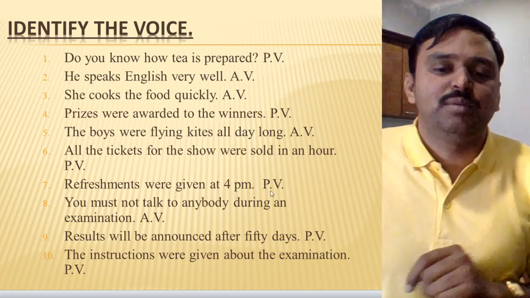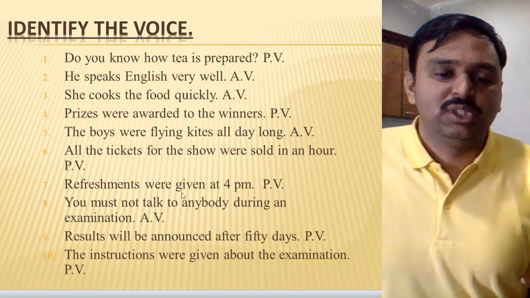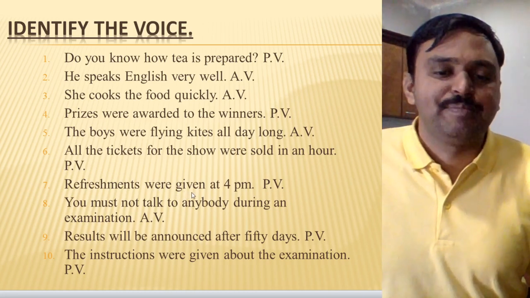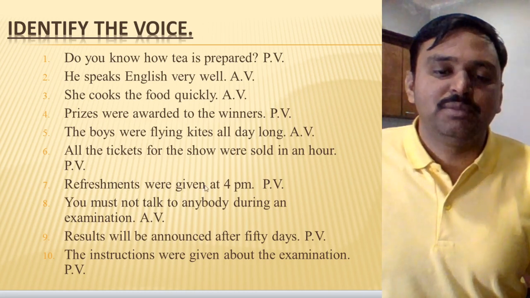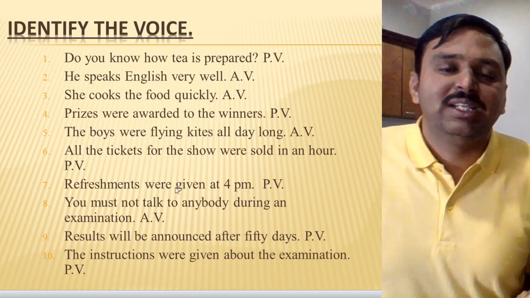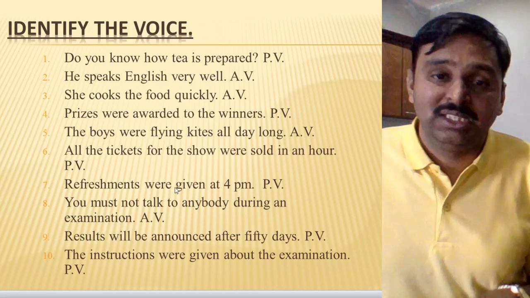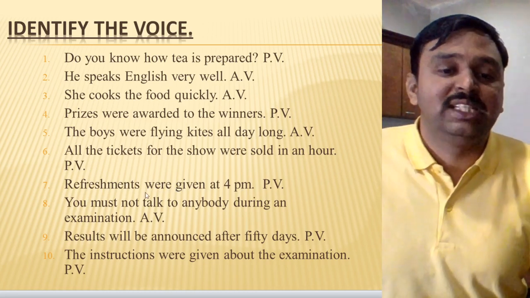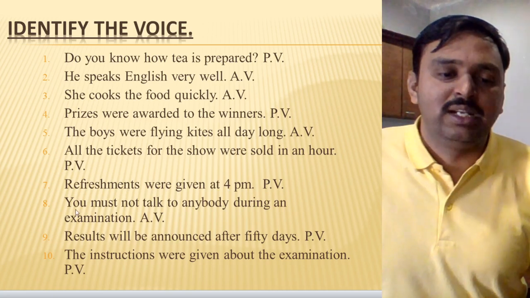Yes, it is an example of passive voice, because the to be form were and given, the V3 form, is given, and for that purpose it is passive voice. Refreshments were given, but it's not mentioned who has given them and to whom. So definitely an example of passive voice. Subject not mentioned.